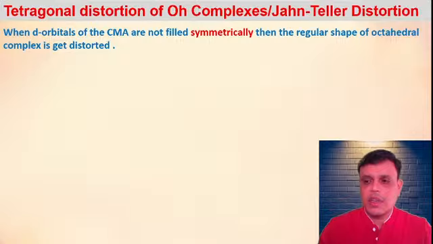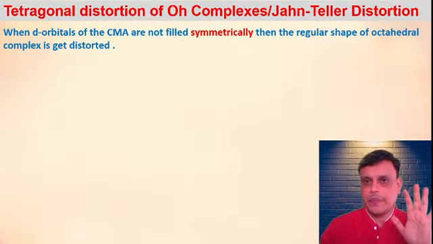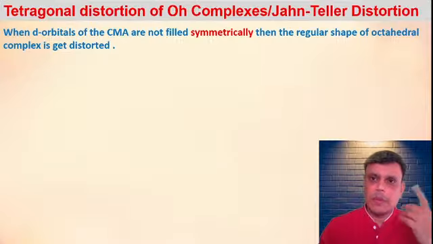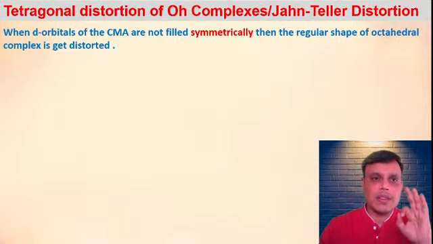When tetragonal distortion or Jahn-Teller distortion takes place, the d orbitals of central metal atoms are not filled symmetrically, then the regular shape of the octahedral complex is distorted. This is the first reason.